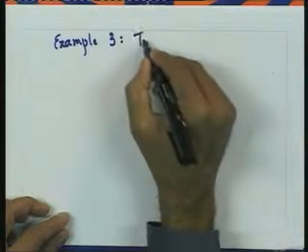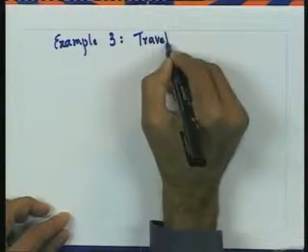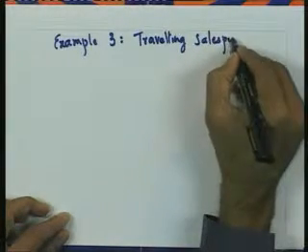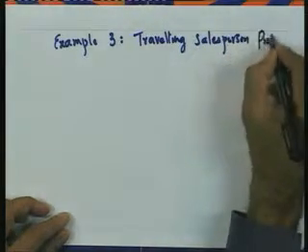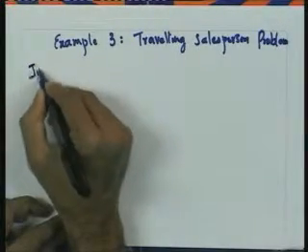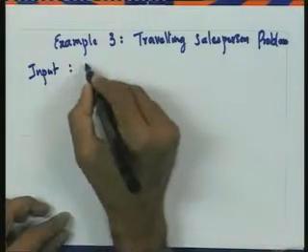This is the so-called traveling salesperson problem. The input over here is a weighted graph.